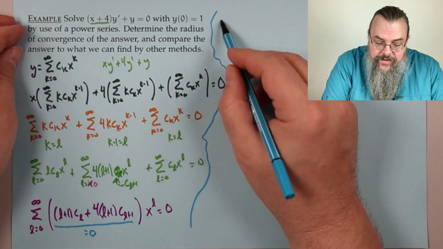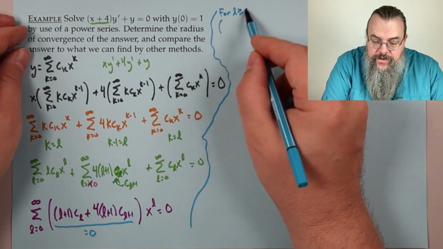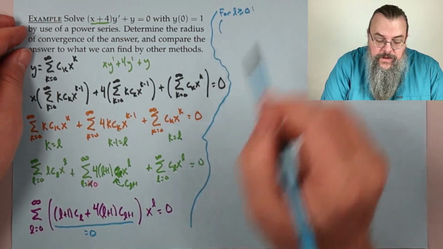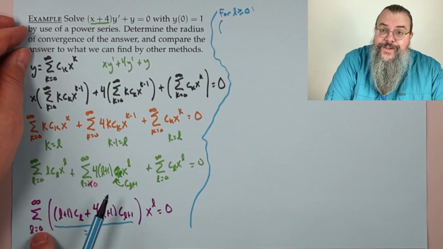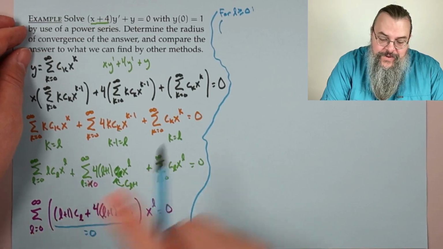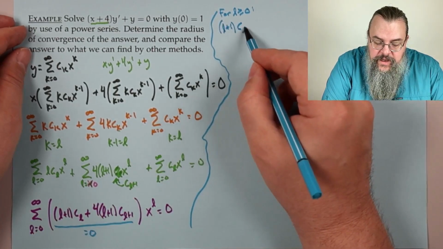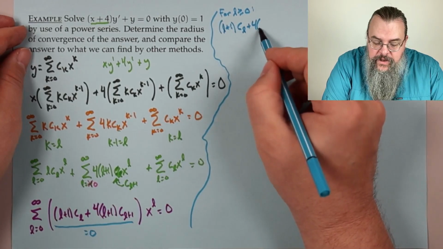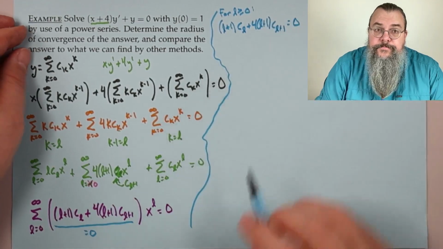So let's write this down. We have for L greater than or equal to 0. Now, how do we know it's for L greater than or equal to 0? It's where the sum starts. So we're going from 0 on up. We have L plus 1 times C_L plus 4 times L plus 1 times C_{L plus 1} equals 0.